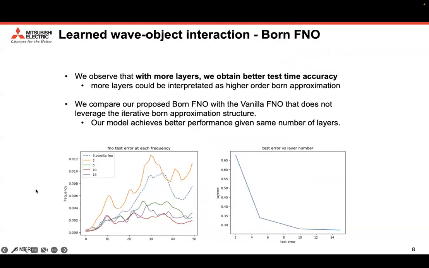What we observe when comparing our Born FNO to the classical FNO, which is this dashed blue line, is that as we increase the number of layers in our Born FNO, our test accuracy improves for predicting the wave fields. Also, as we increase the number of layers, we see that at some point the performance saturates.